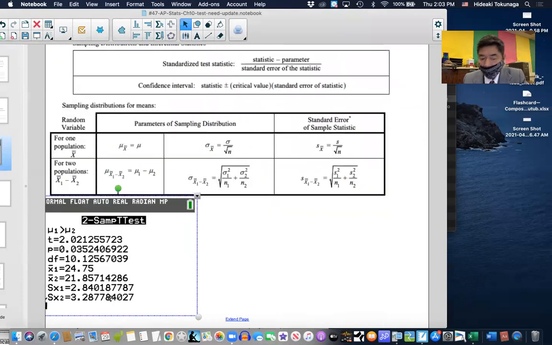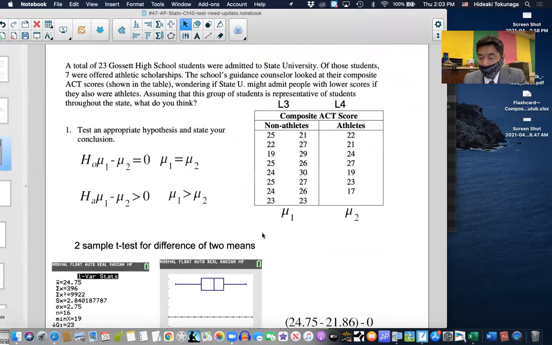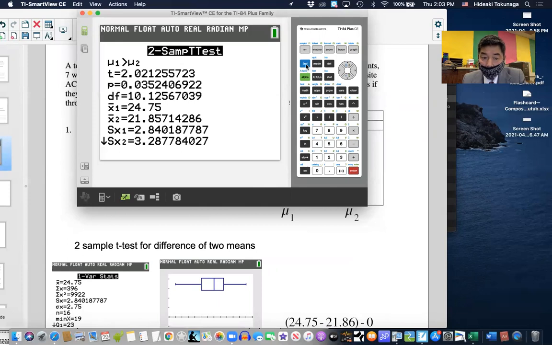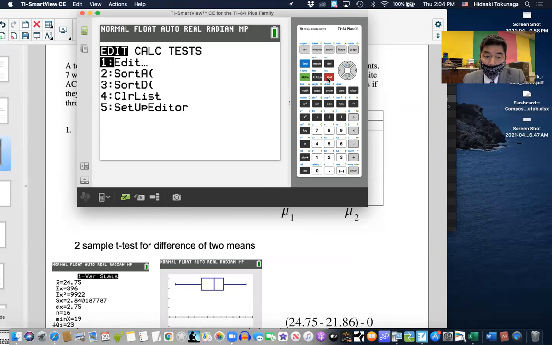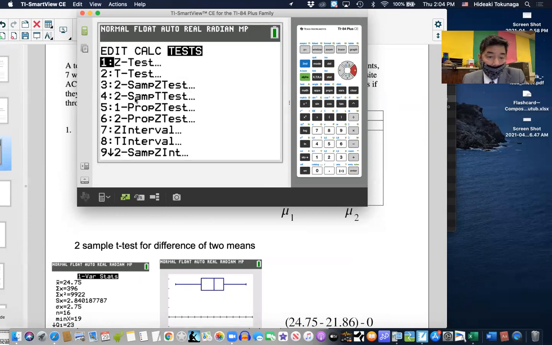So let me cut this one. Now this time I'm going to draw a density curve. So we go to the same place: stats, tests, two-sample t-test.